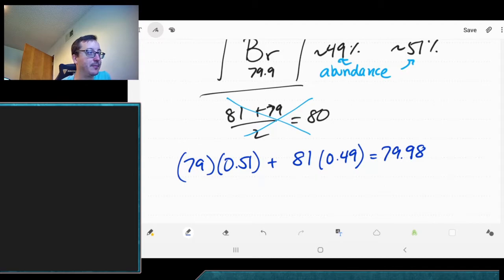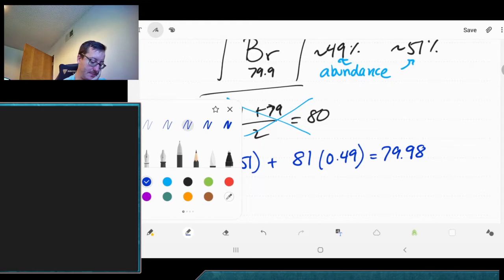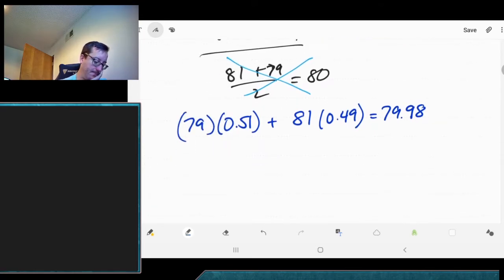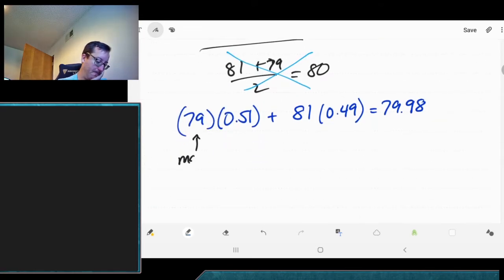Indeed. The reason we don't get the number we're looking for, by the way, I will explain, is because these are mass numbers. So remember, mass number is protons plus neutrons, right? So we looked at this isotope and we said, okay, well, we know it has 35 protons.